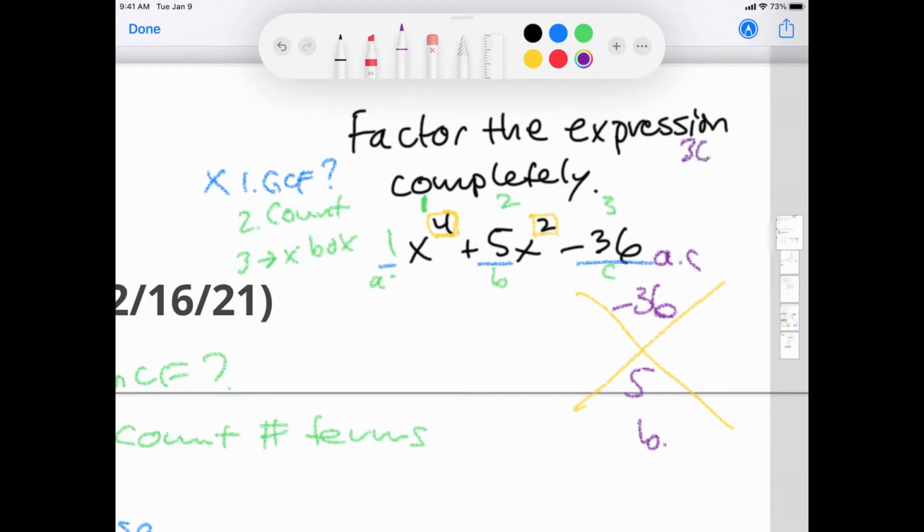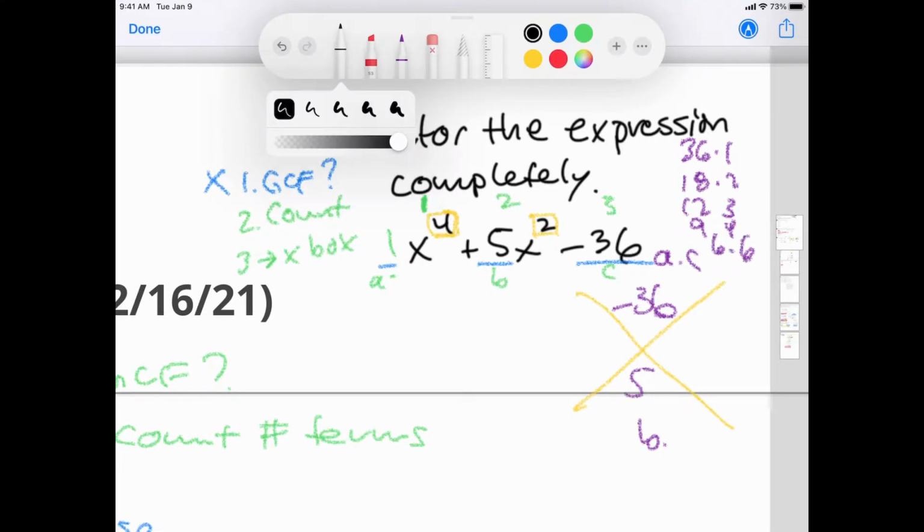I'm just going to write all the factors: 36 and 1, 18 and 2, 3 times 12, 4 times 9, and 6 and 6. Maybe you see it. There it is, 9 and 4. 9 times negative 4 is negative 36, and 9 plus negative 4, or 9 minus 4, is 5. So those are my numbers.